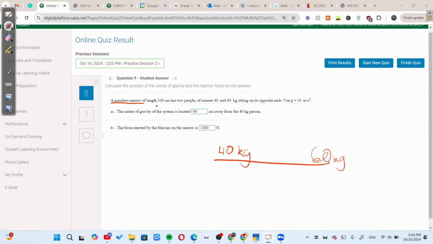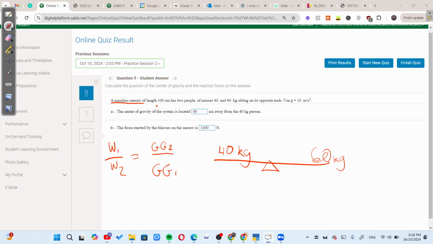Now they're asking what's the distance away from the 40 where the center of gravity is. So what you do here is the law I was telling you about: weight 1 over weight 2 equals the distance GG2 over GG1. This is the center of gravity 1 and center of gravity 2.